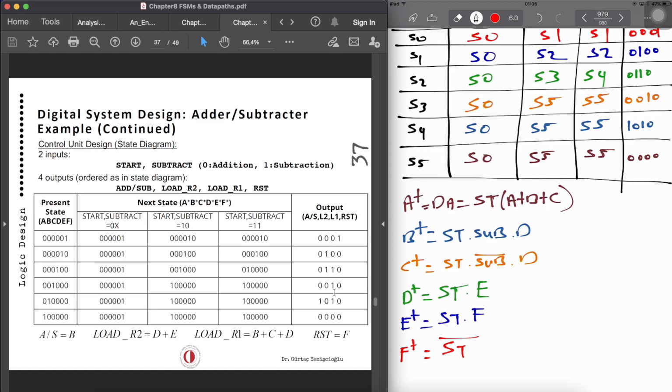And load R1 are those 3 lines, so B or C or D. That's why load R1 is B or C or D. And reset is only activated for F. So we can have those output expressions as well, which we can use to implement the circuitry.